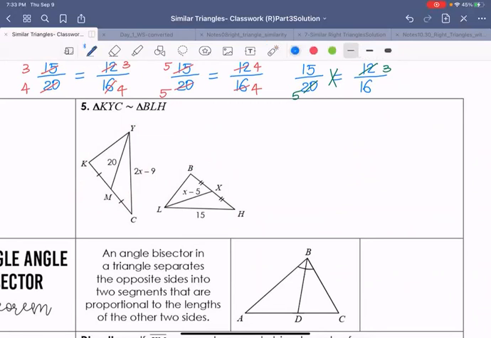So KY over BL, and then YC over LH, and then KC over BH. Okay. Next one. One more.